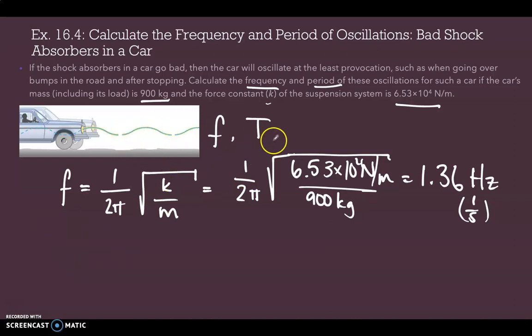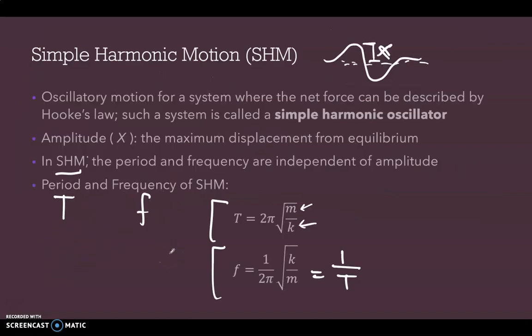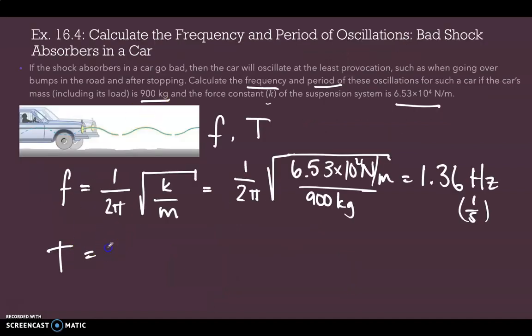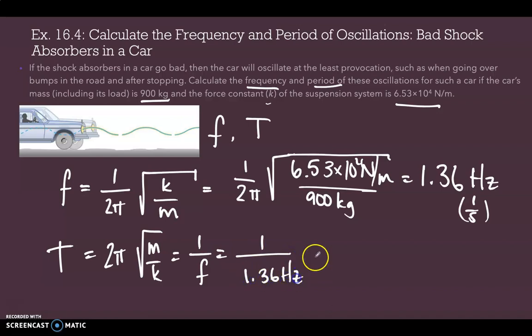And now our period, we can use a similar equation to what we just used: 2 pi times the square root of m over k. But we also know it is just the inverse of f, the frequency. So we can say 1 over this 1.36 hertz, and calculate that.